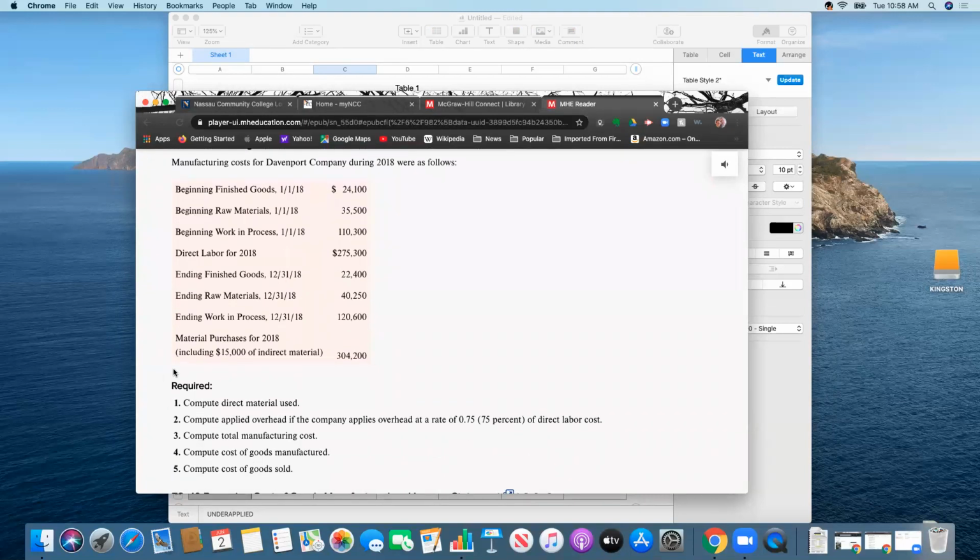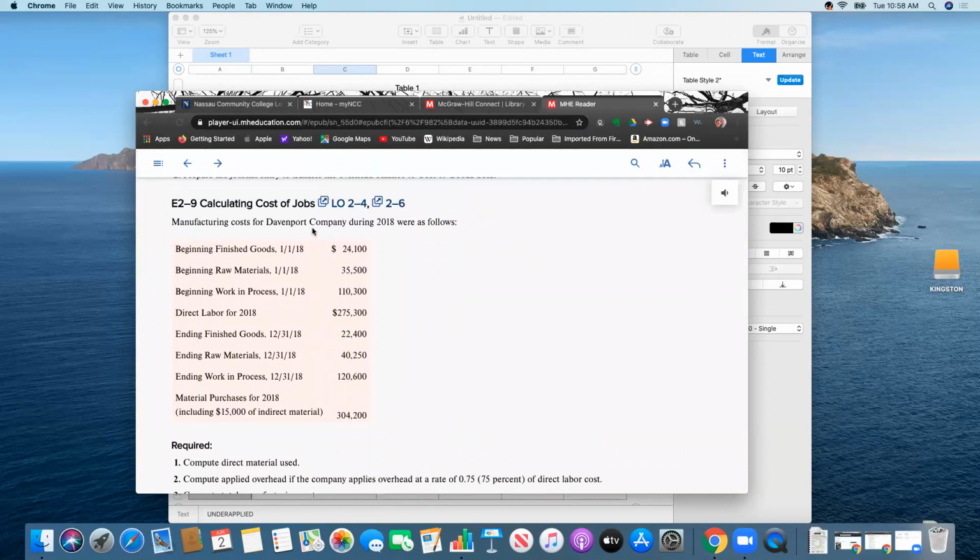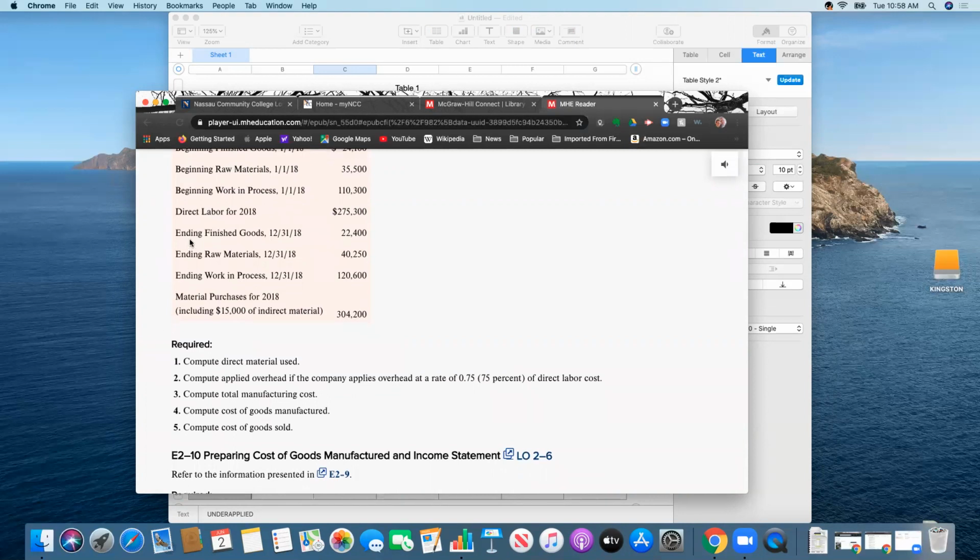So number 9 says the manufacturing costs for Davenport Company during 2018 were as follows. So notice they give you beginning inventories, finished goods, raw materials, work in process. They tell you what direct labor is. They give you the ending inventories, finished goods, raw materials, work in process.